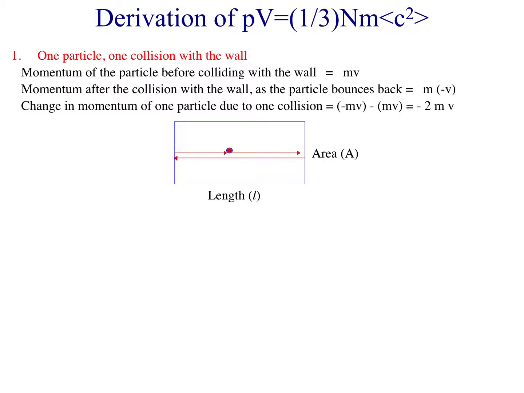Now we have a box of length L, cross-sectional area A, and our particle is bouncing back and forth within this. The length of the box along the x-axis is L. When it travels to the right, it hits the right wall and bounces back, travels the entire length of the box, and then collides with the wall on the left side, bounces back from the left side, travels to the right, etc. So it is making round trips as it goes back and forth.